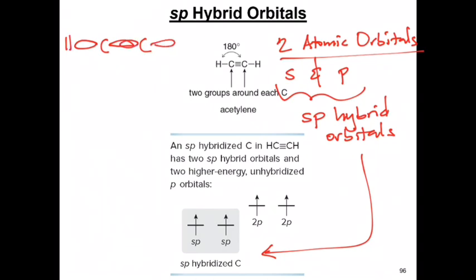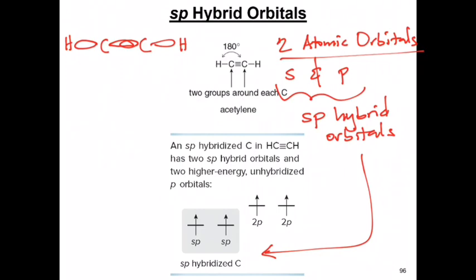And so there will be a sigma bond formed between this carbon and this hydrogen, and another sigma bond between this carbon and this hydrogen as well. And then the two electrons here will form the pi bonds, which basically extend above and below the plane, and another one within the plane.